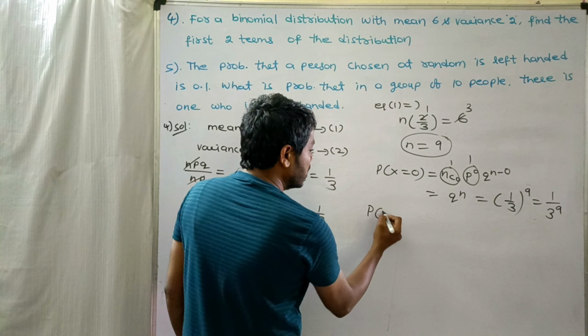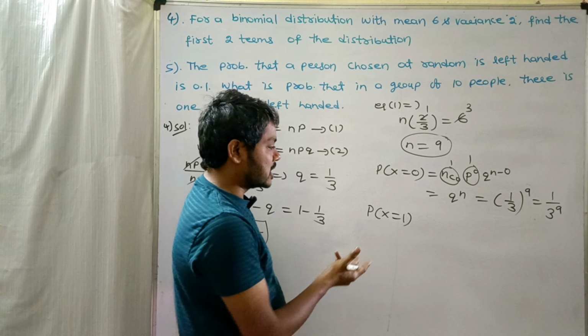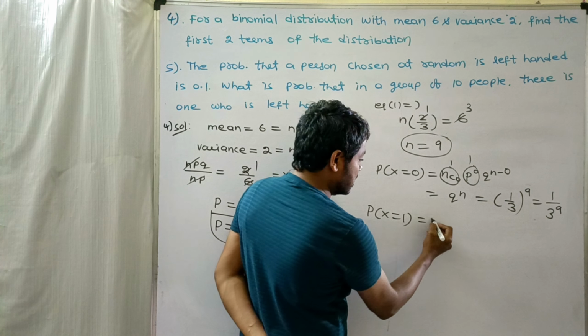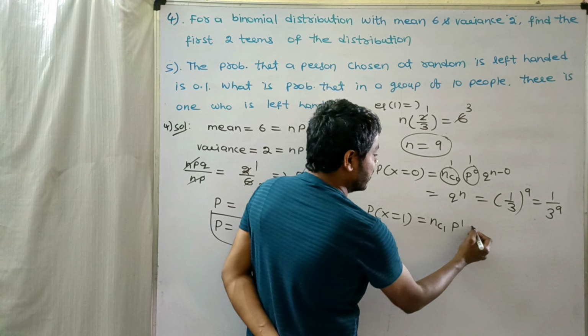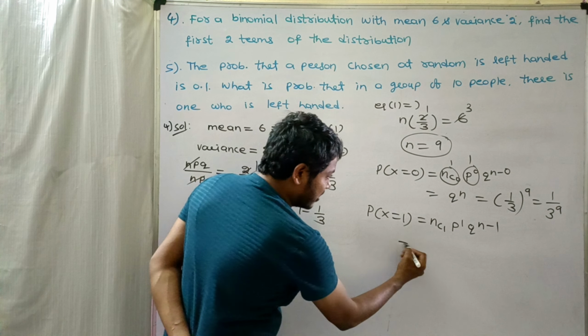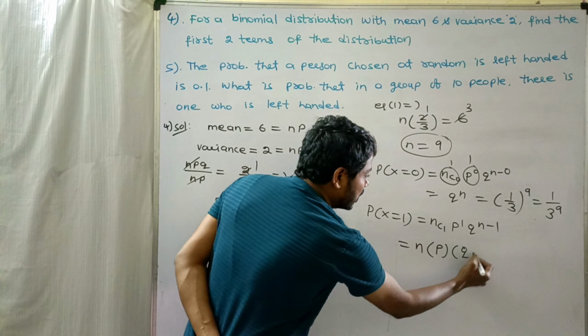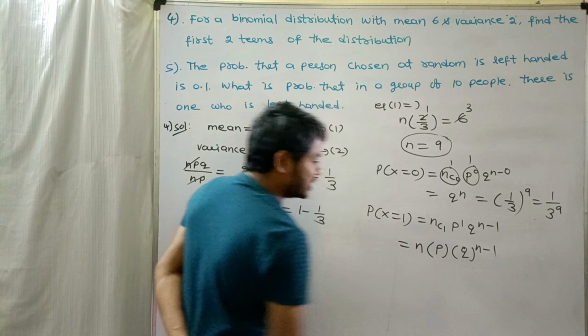And the second one, P(x = 1). So replace x by 1. That is nC1, p power 1, q power n minus 1. What is nC1 value? n into p into q power n minus 1.